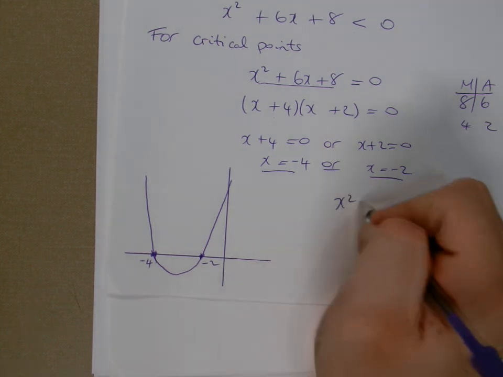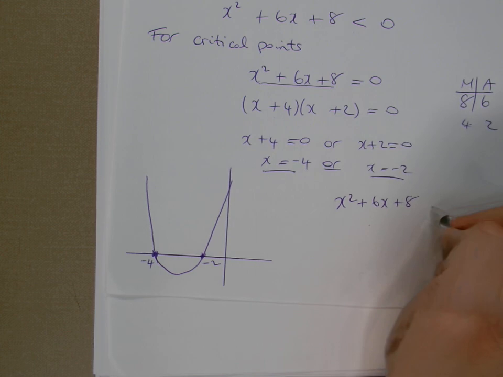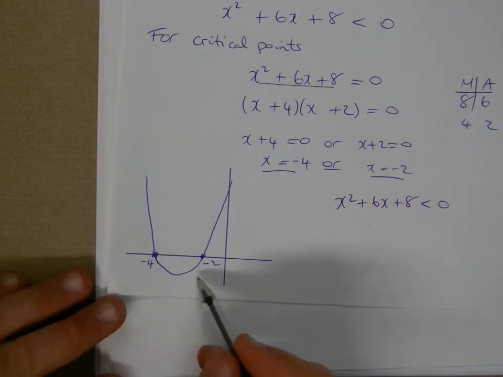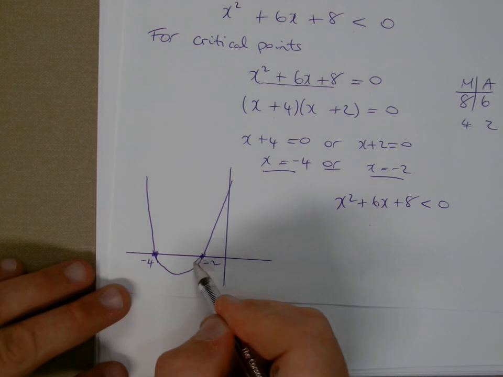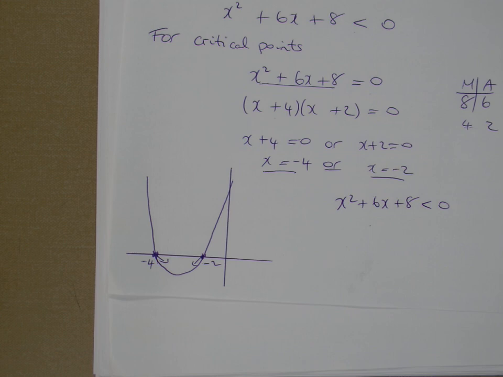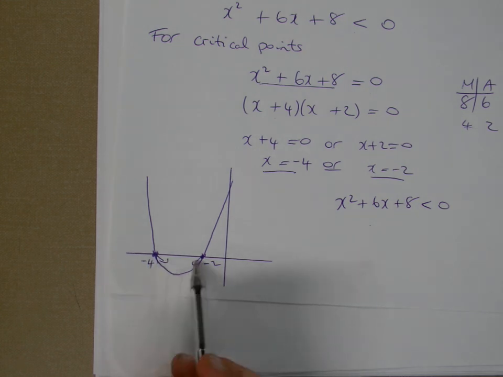However, remember, we want to solve the inequality whereby the quadratic is less than 0. So for it to be less than 0, we want to consider the region here where the curve has negative values. So negative values exist here in this range of x values.